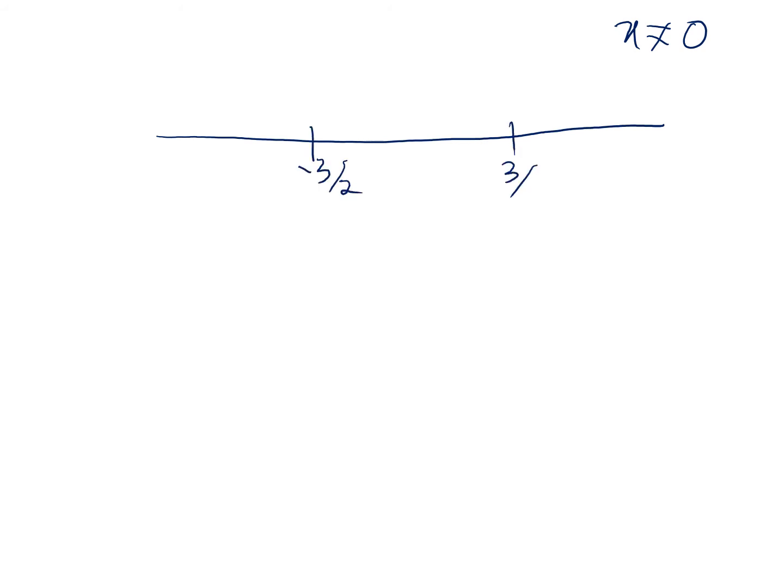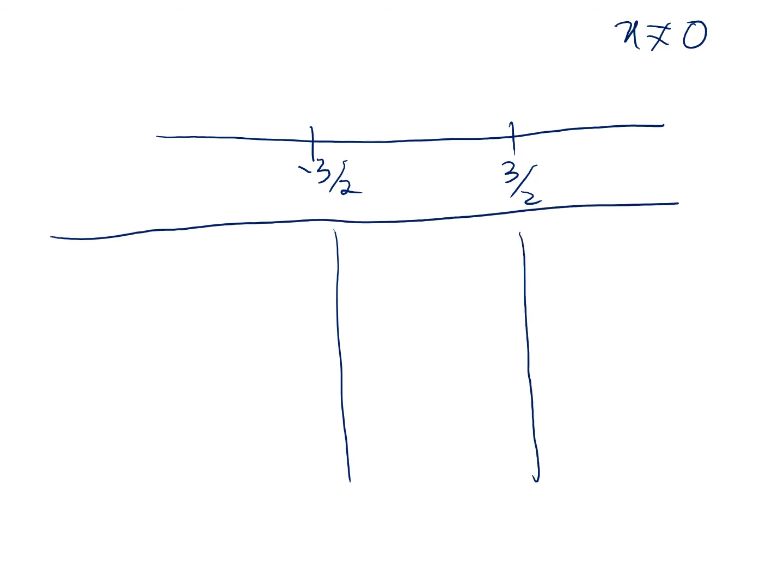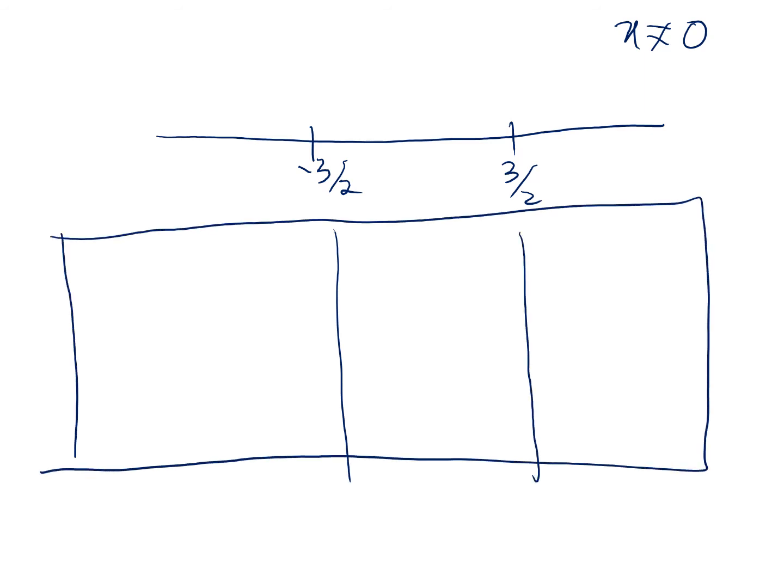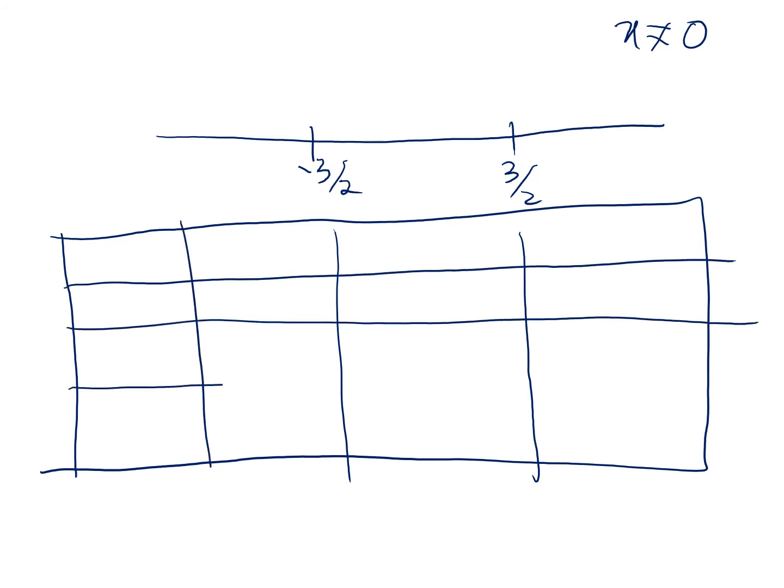So let's construct the table, but bear in mind x cannot equal 0 since we have a rational function. So we start by drawing the number line. So we have negative 3 over 2 and 3 over 2. Let's move on to the table. So we add another 3 rows.